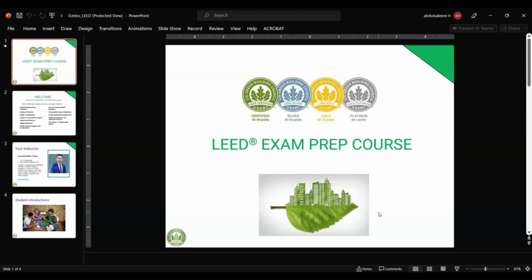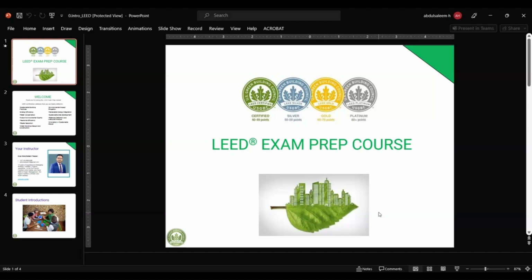See, actually, this certification is not for students, it's for buildings. There are two things. One is the professional certification, which is called LEED GA and LEED AP. The other, these points, are for the buildings. When you are auditing a building based on the LEED standards, there are points for rating the building.